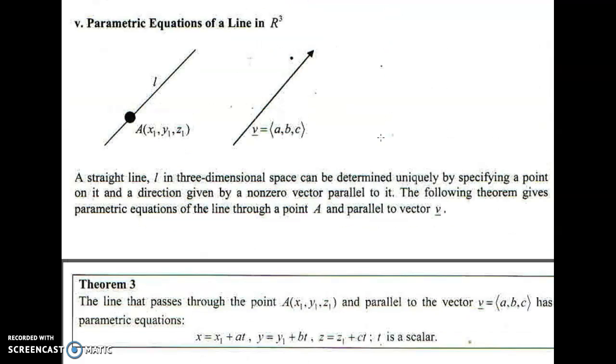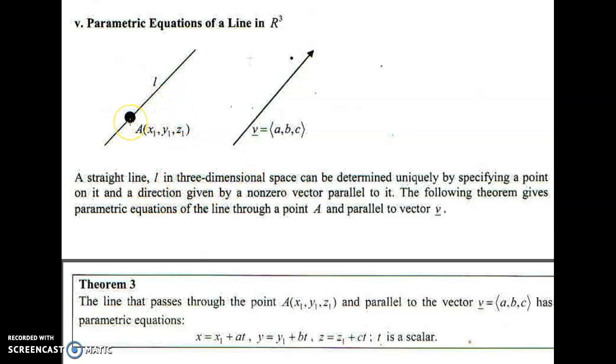The straight line L in 3-dimensional space can be determined uniquely by specifying a point on it. So first we specify one point on that line and then compare it with any vector that is parallel to it, because we need the direction.